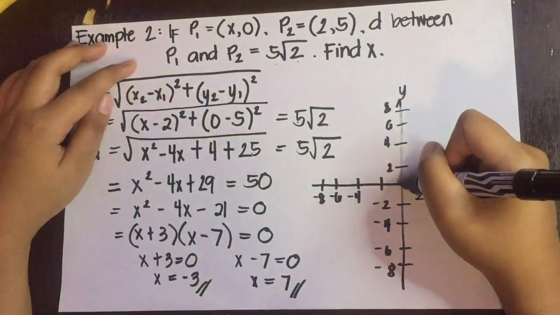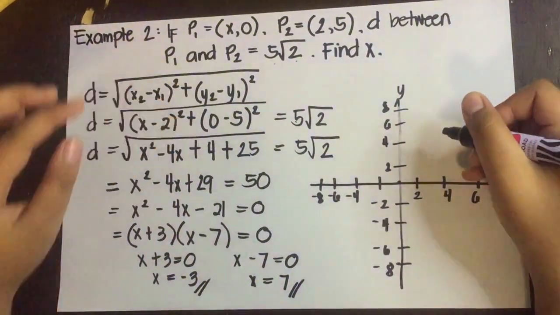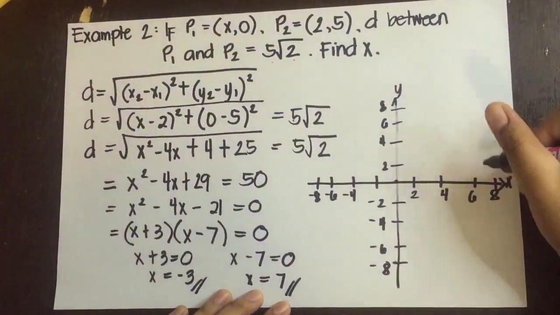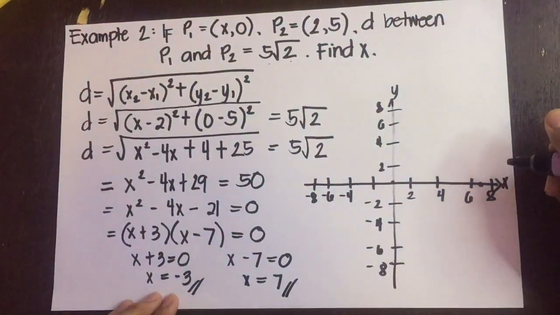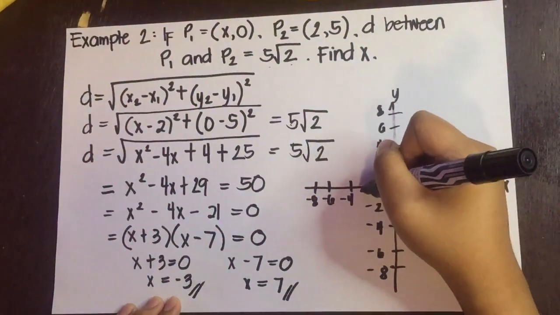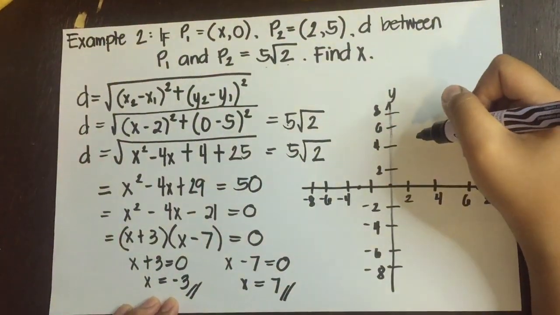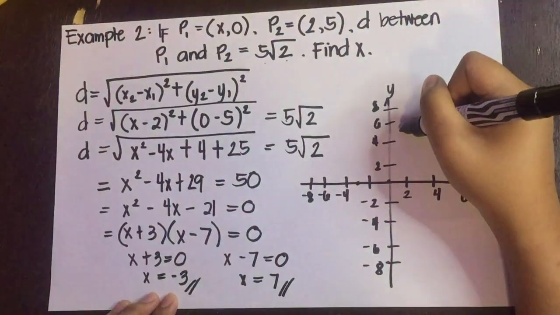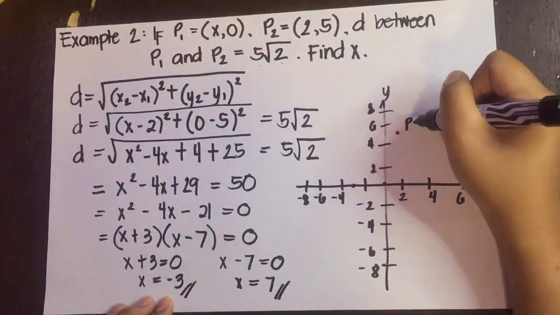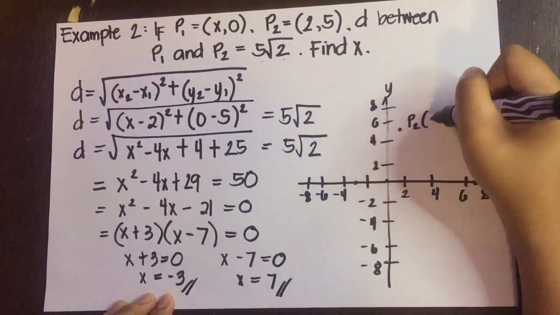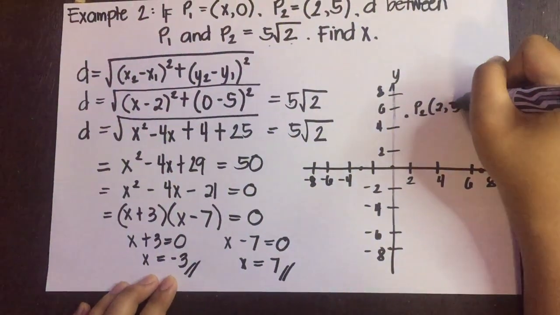In sketching the graph, we are just going to plot our x and y. So our first x is negative 3 and positive 7, and our point 2 is composed of 2 and 5.